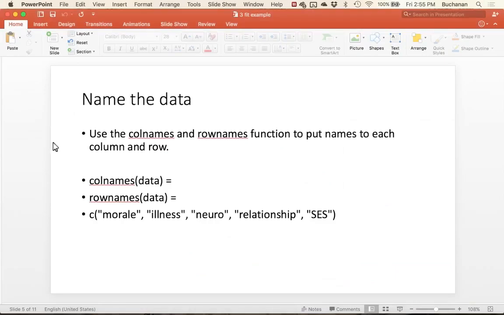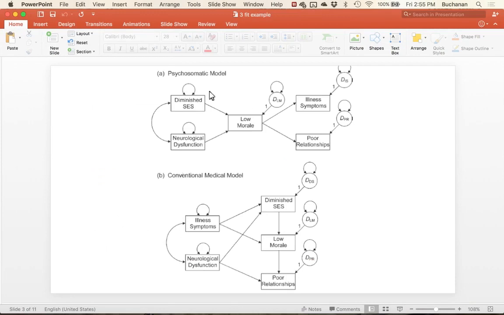And let's build our models. So let me back up. For model 1, like I said, I always like to start on the right and work my way backwards. Illness symptoms is predicted by low morale, so I'm going to have a line that says illness, tilde, morale. Poor relationships is also predicted by morale, so relationships, tilde, morale.